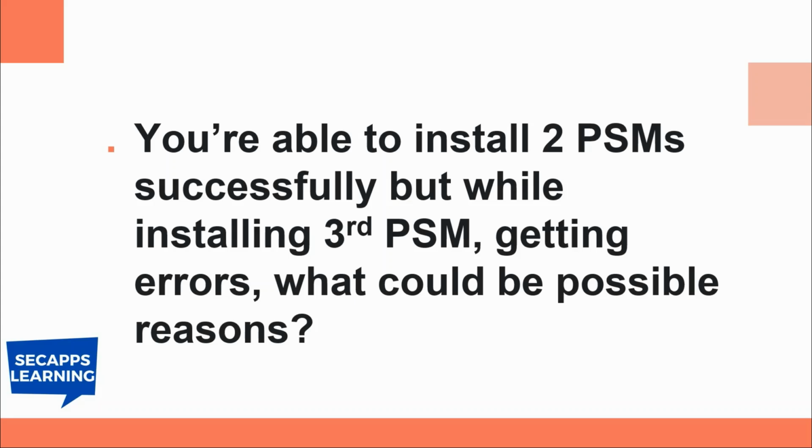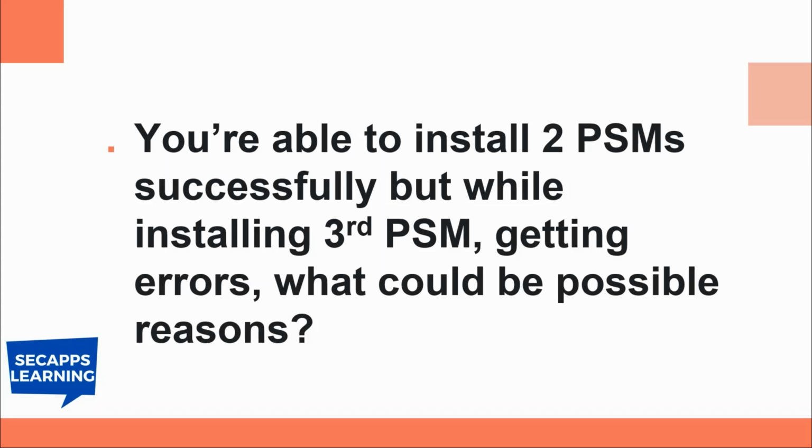Okay, let's say the third PSM also has the same configuration, just like the other PSMs. It has the same connectivity, everything is the same. Server configuration. Might be related to the location where we are installing.